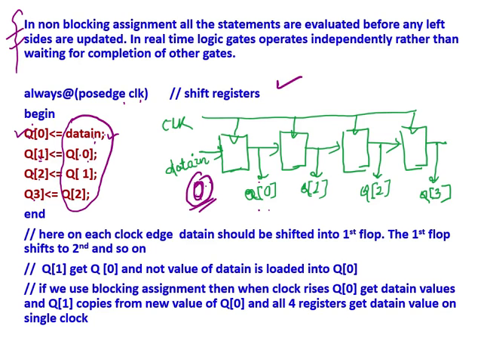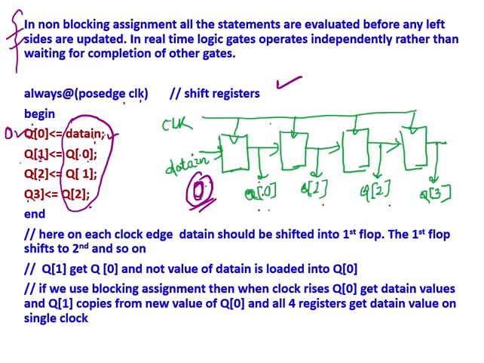At the first clock, Q0 will get 0. But Q1 will get the previous value of Q0, whatever value Q0 had before, and similarly for Q2 and Q1. So Q1 will get the previous value of Q0, Q2 will get the previous value of Q1, and Q3 will get the previous value of Q2.